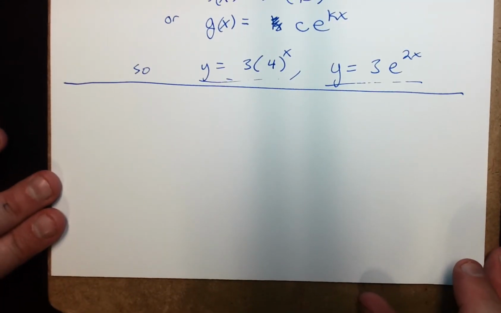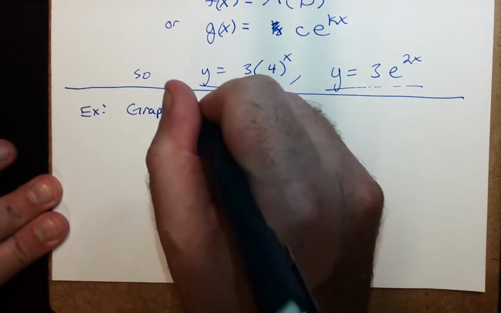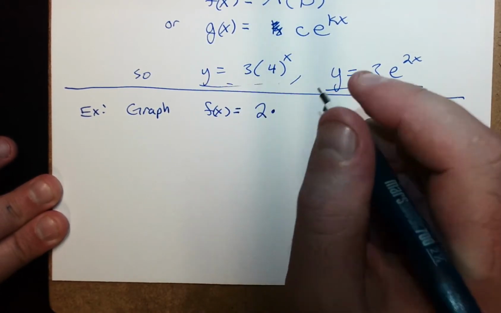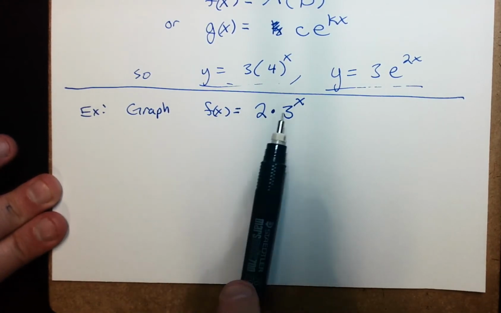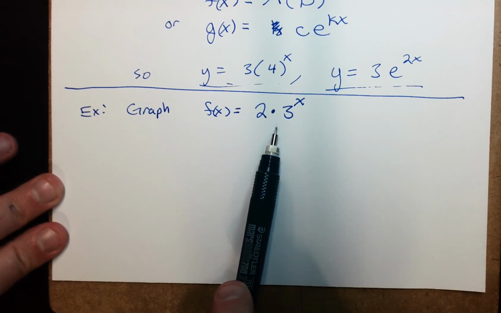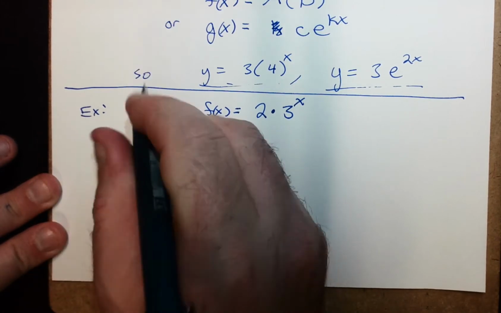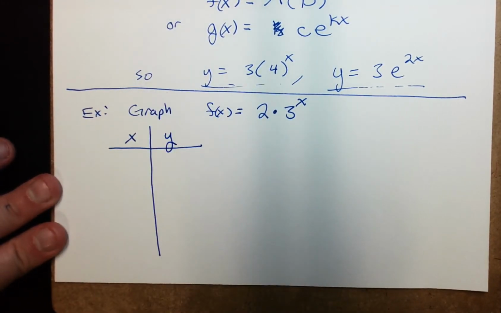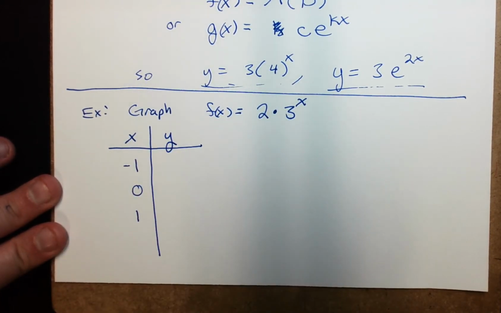So let's see if we can graph an exponential real quick. Let's say we want to graph an exponential that looks like this. Example: graph f of x equals, let's say, 2 times 3 to the x. If they want you to graph that, all you need to do is get a couple of points on the graph and then graph it.